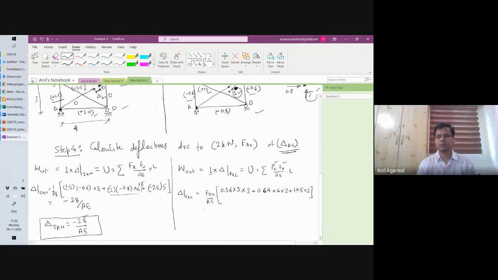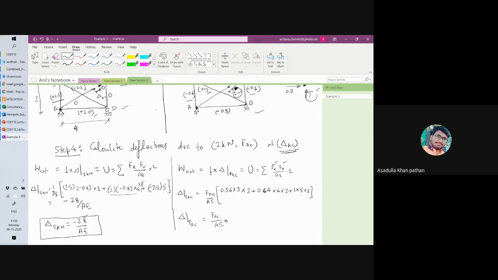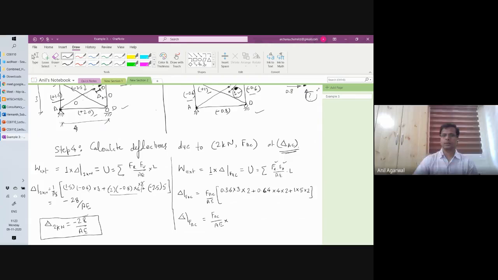Fine. Anybody has any problem with this? Any confusion with this? Please do ask if you have any problem. Delta due to FAC will be equal to FAC divided by AE multiplied by, what is the summation of this? 0.36 multiplied by 3 multiplied by 2 plus 0.64 multiplied by 8 plus 1 multiplied by 5 multiplied by 2, which gives 17.28.